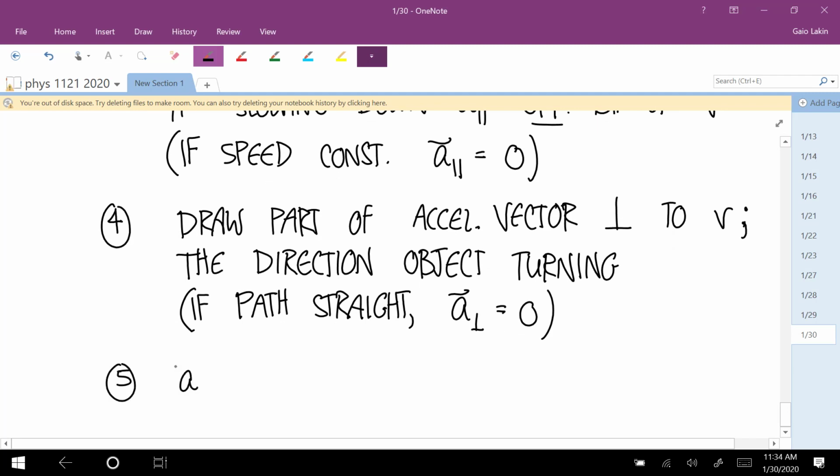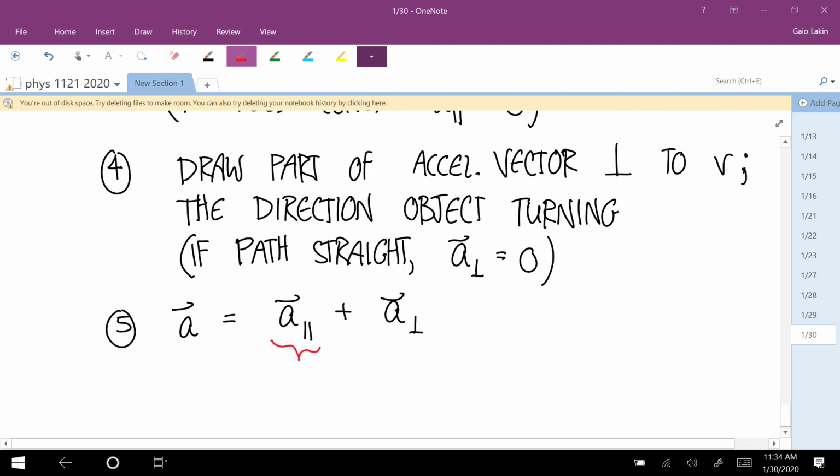And then the total acceleration is just the sum of these two pieces. So there's the parallel part and the perpendicular part. This is the one that affects speed change, and this is the one that affects turning.